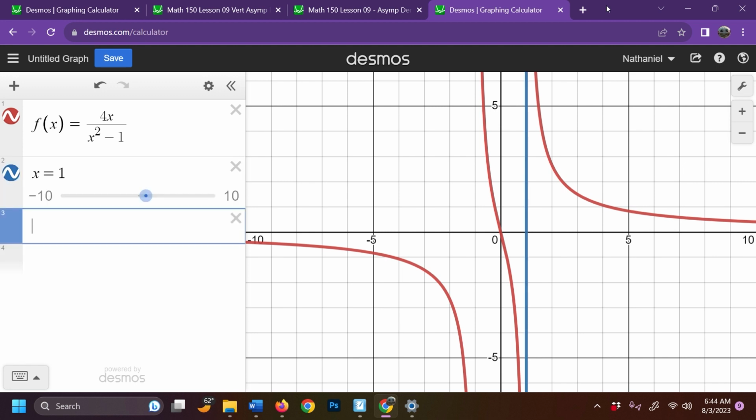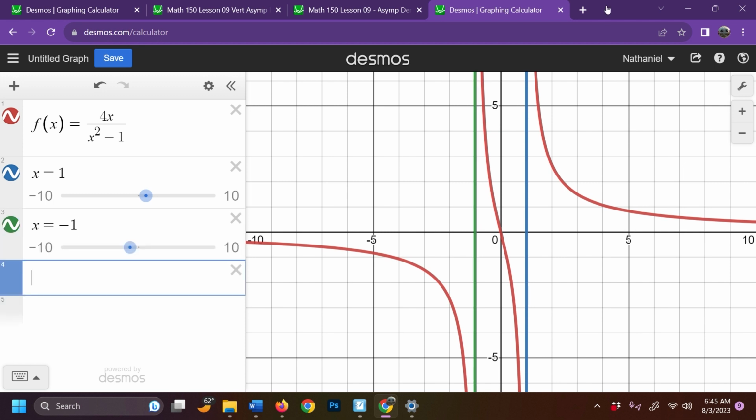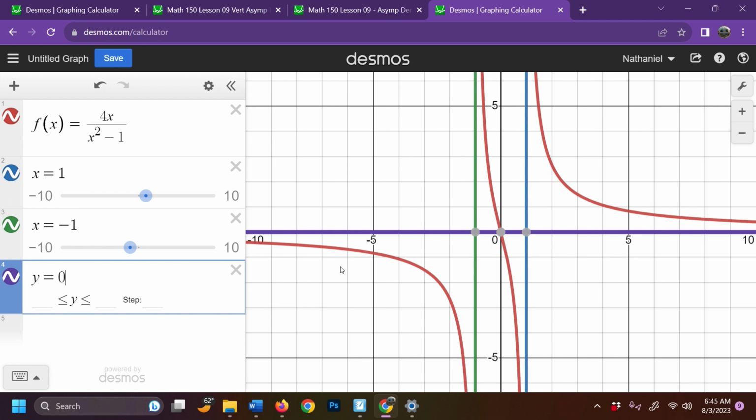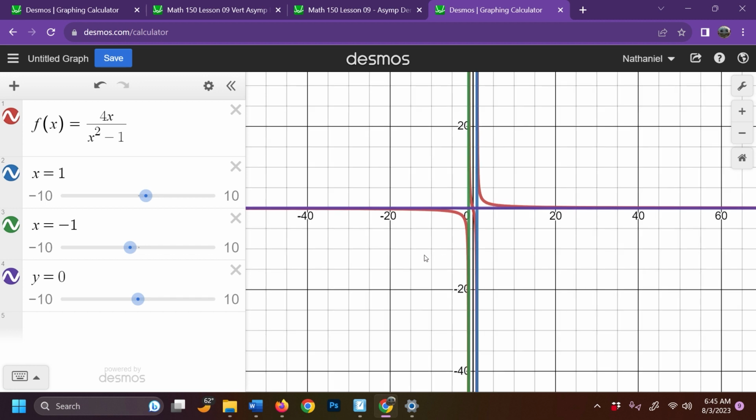If I type in x is equal to negative 1, I have another vertical asymptote, and the function does appear to show a vertical asymptote there. And then finally, if I go y is equal to 0, I get a horizontal asymptote, and clearly the function looks like that now. If I zoom out, my red function is going to look more and more like the vertical and horizontal asymptotes, and you can see that fairly quickly.